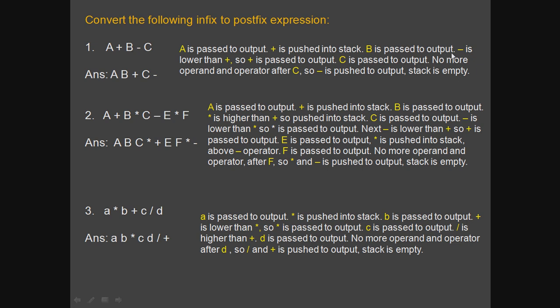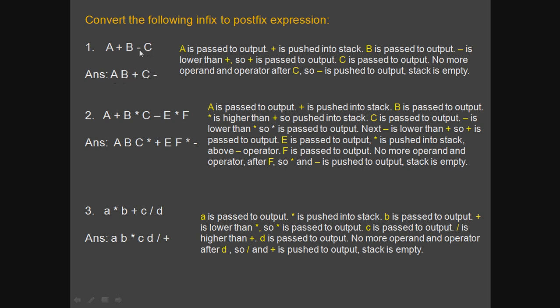Since minus is of lower priority than plus, minus cannot be on top of plus. So before minus is entered into the stack, plus is popped out and passed to the output. So we have ab plus.